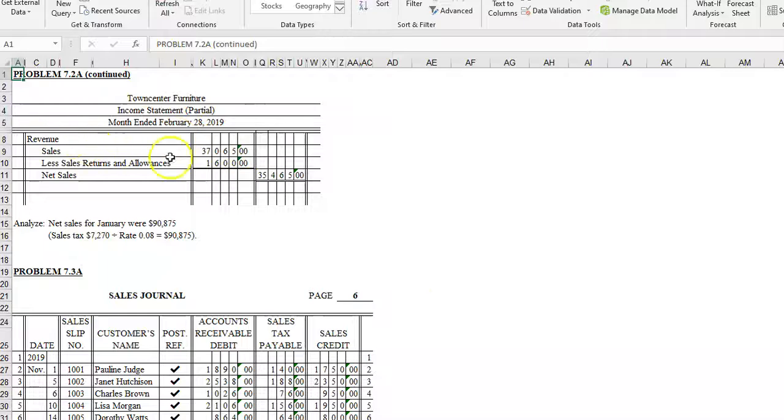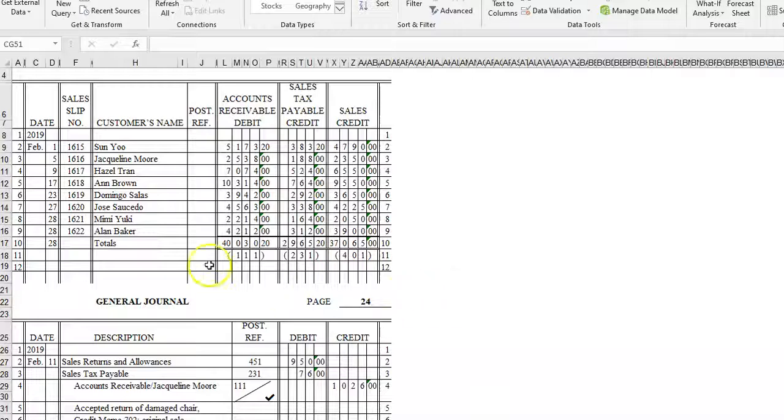Actually, first, they wanted us to do a partial income statement. Let's cover that. We have our total sales. We want to know our net revenue or fees income. This time it's not a fee. This time it's actual merchandise. That's why we call it sales. The 37,065 comes from up here.